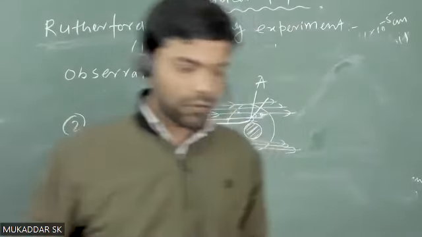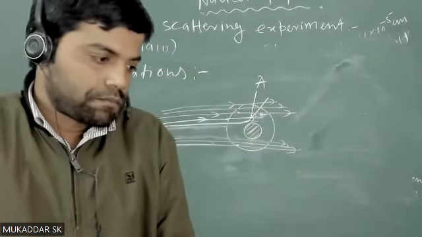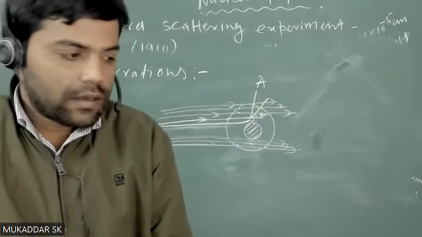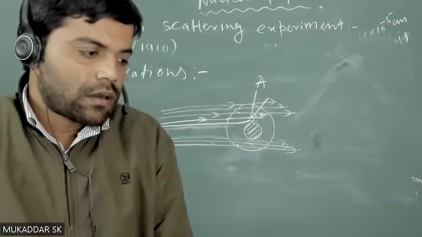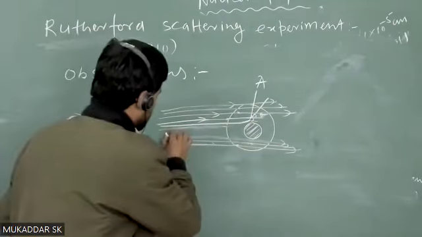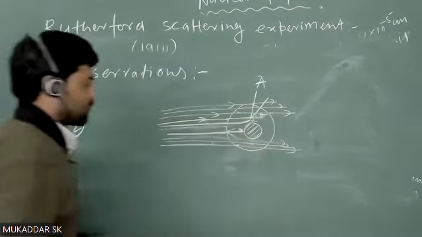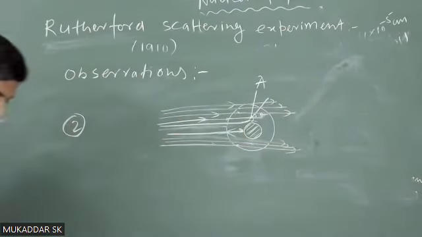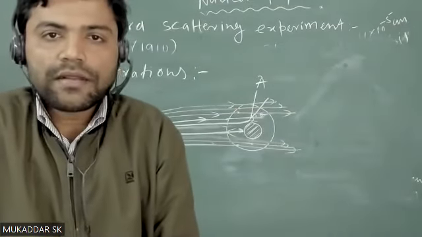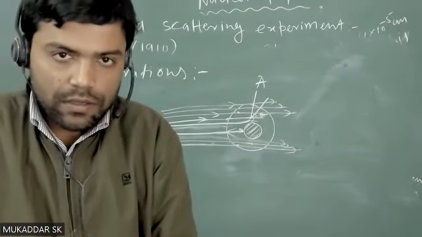And observation number 4, only one out of 20,000 incident alpha particles is backscattered. Backscattered means it is going like this, and after scattering, it is coming in the opposite direction. So he has four observations. First, most of the incident alpha particles after crossing that gold foil had their path undeviated.